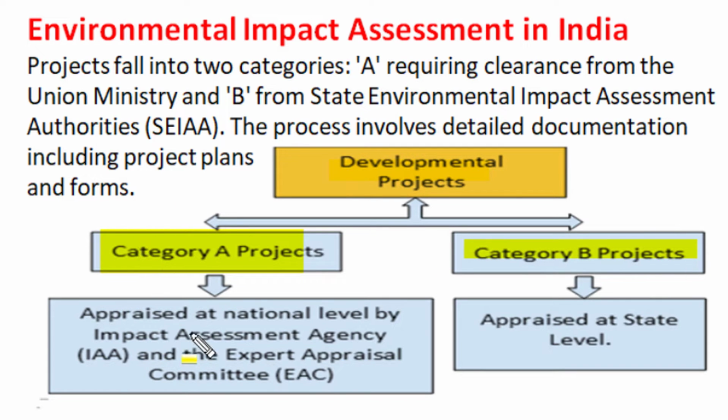The projects which have interstate relationship or are concerned with central government's subject matters will get required environment clearance from Union Ministry of Environment, Forest and Climate Change, and for that their application should be appraised by Impact Assessment Agency of Central Government, and finally the project is appraised by Expert Appraisal Committee EAC of Central Government, whereas category B projects are taken care of by State Environment Impact Assessment Authority SEIAA.